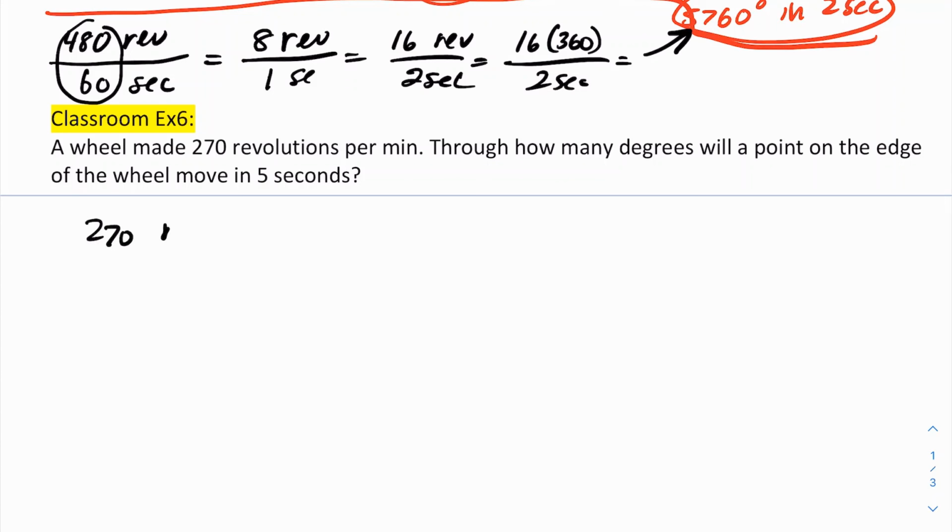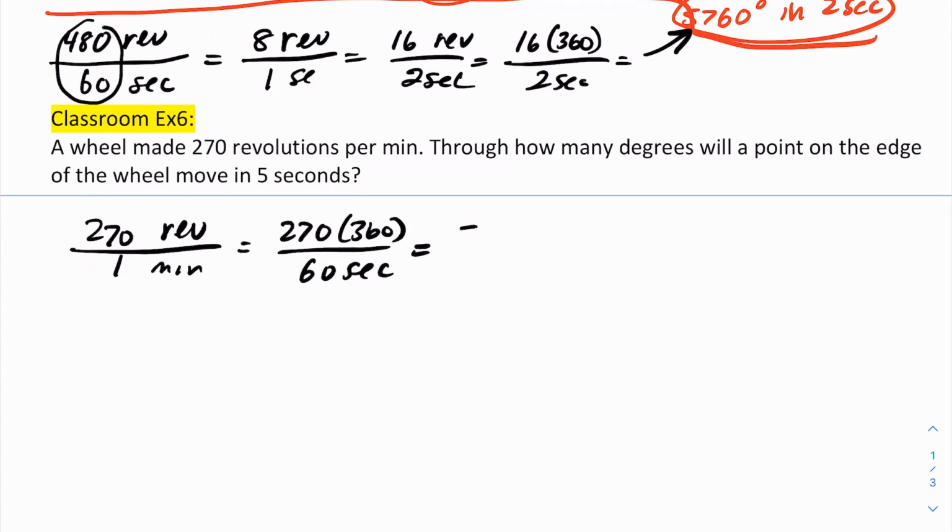I'm going to do 270 revolutions in 1 minute, which equals 270 times 360 in 60 seconds. And I'm going to multiply that out, so that will give me 97,200 degrees in 60 seconds.